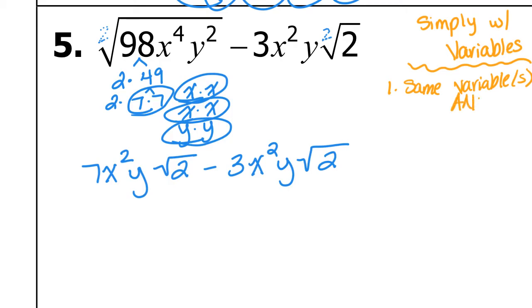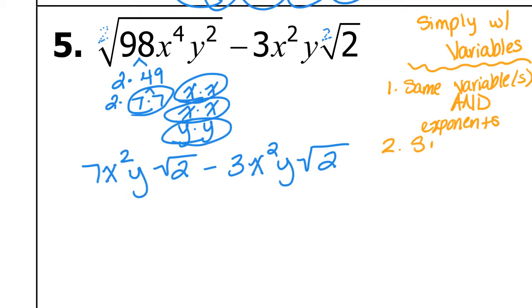And not only do they have to have the same variables, but those variables have to share the same exponents. So for example, you cannot add an x to an x squared. So not only do you have to have the same variables, but you must also have the same exponents.